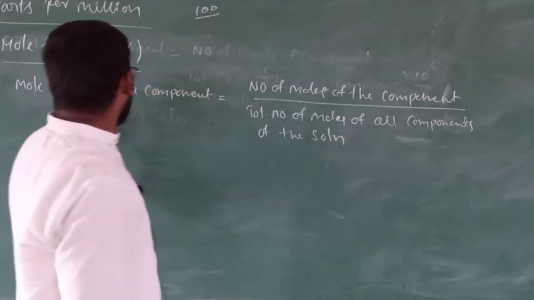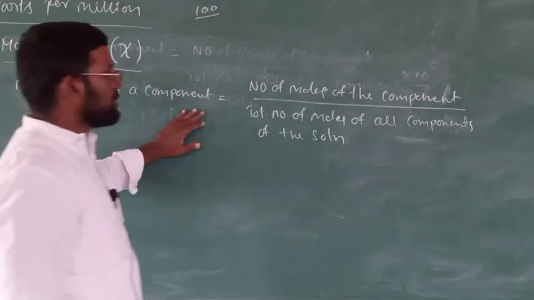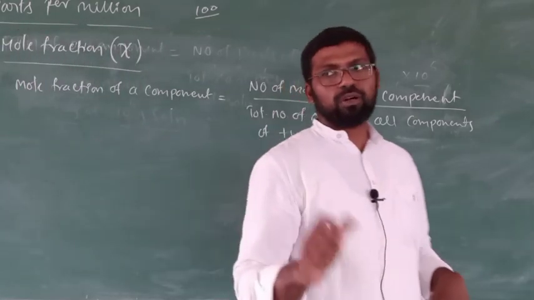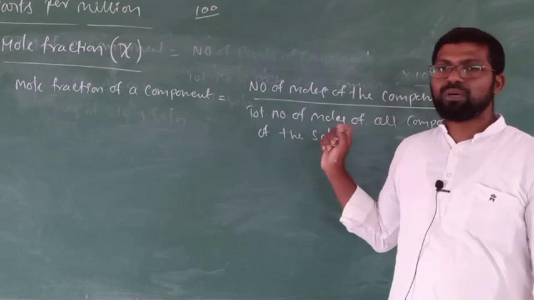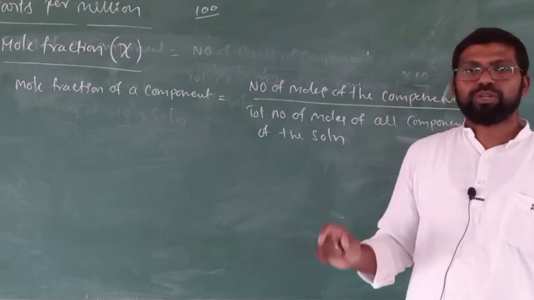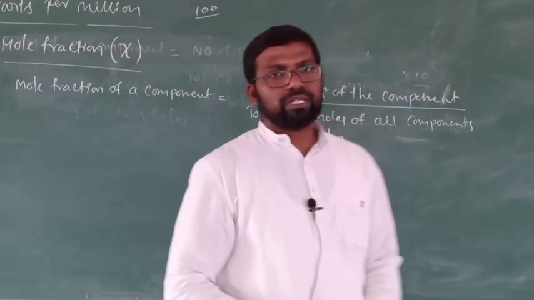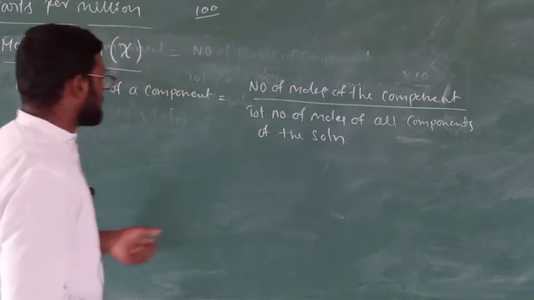See here, mole fraction of a component is equal to number of moles of the component by total number of moles of all the components of the solution. Right? To understand this, let's take one example.